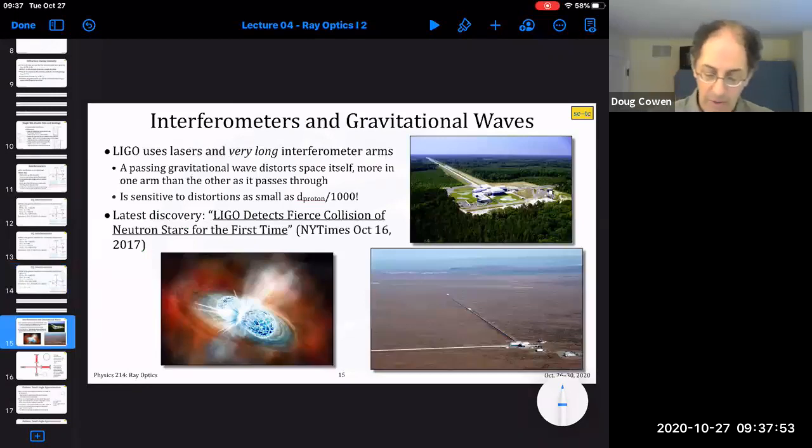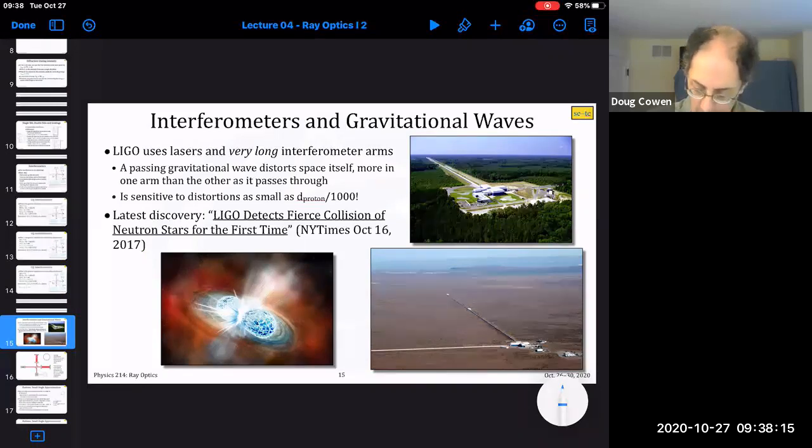A large group of physicists and astronomers and laser physicists have put together an experiment called LIGO, which stands for Laser Interferometer Gravitational Observatory. And it uses lasers, really powerful ones, and very long interferometer arms.